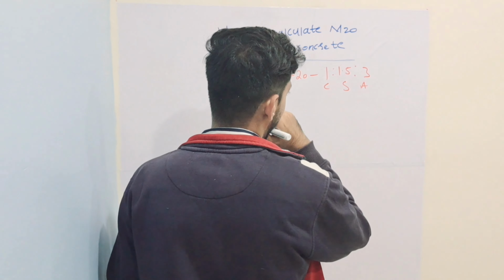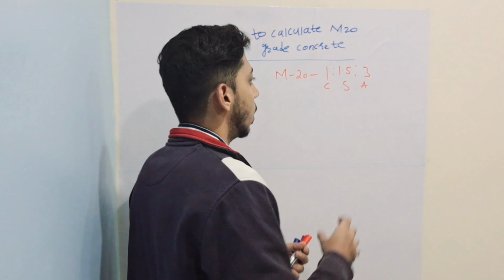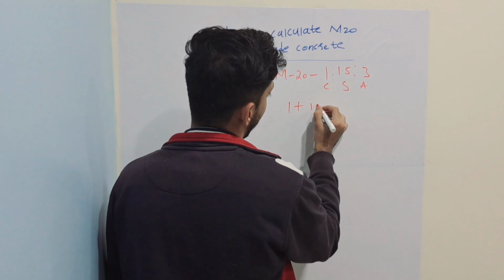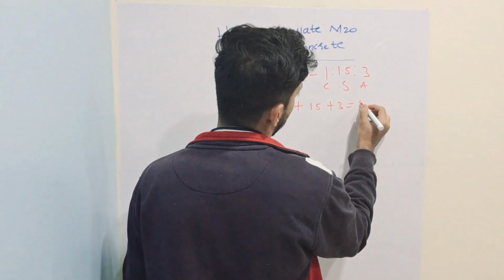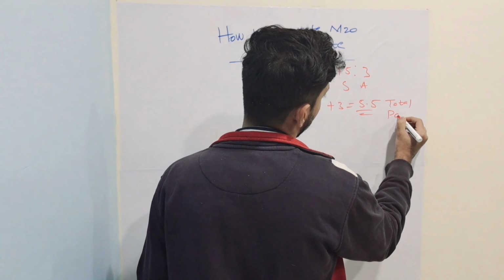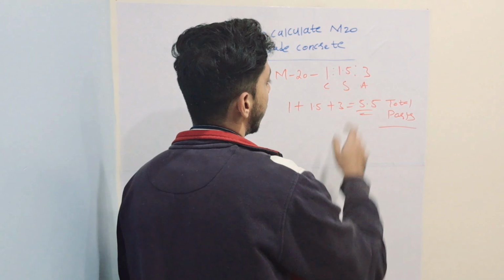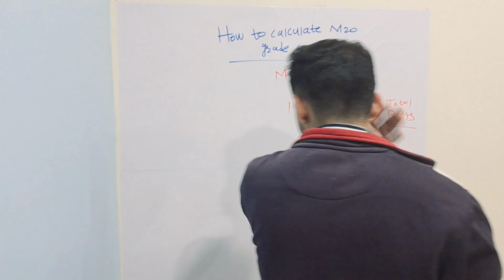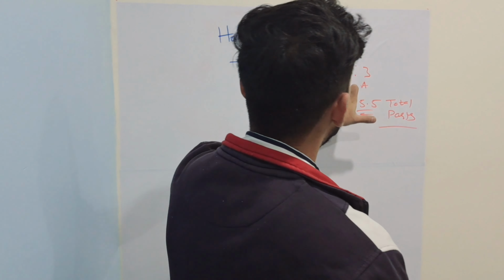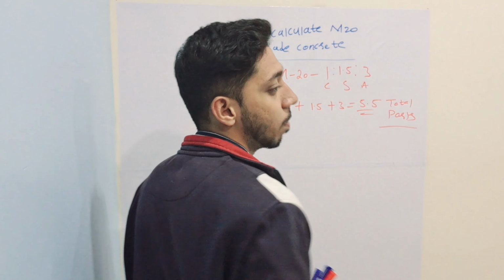Before going further, we should know the total sum of this. So 1 plus 1.5 plus 3 is 5.5 total parts. Now for the concrete calculations for M20 grade concrete, the ratio is 1 to 1.5 to 3, and I have taken 5.5 as the total.